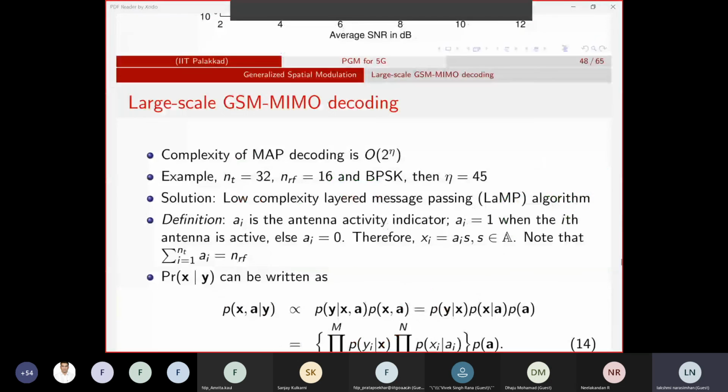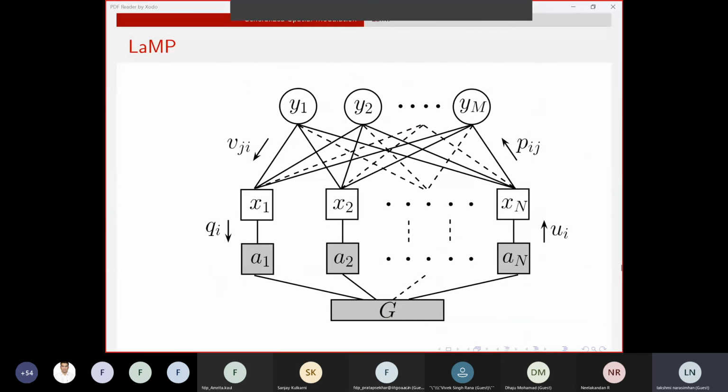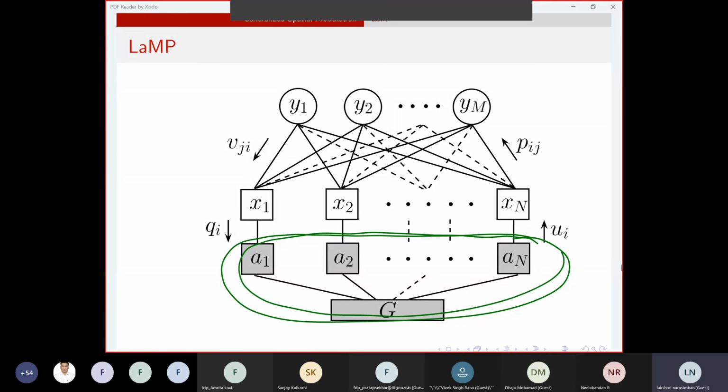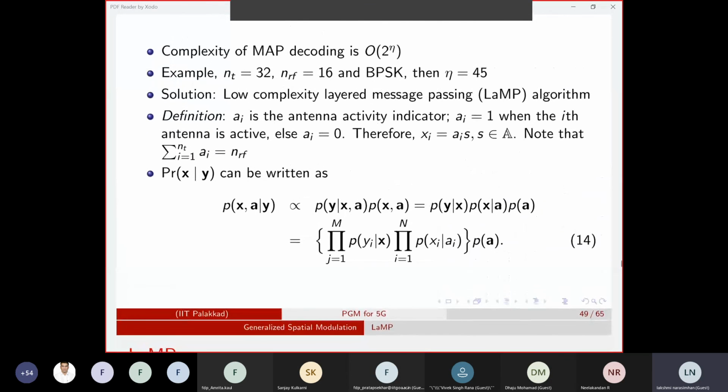But it so happens that by doing a slight modification, we can in fact use the probabilistic graphical models. All we need to do is use another layer. Just like how we had joint detection and decoding where we introduced another set of factor nodes, all we need to do here is introduce another set of factor nodes. And what is that factor node? We introduce what is known as the antenna activity indicator.